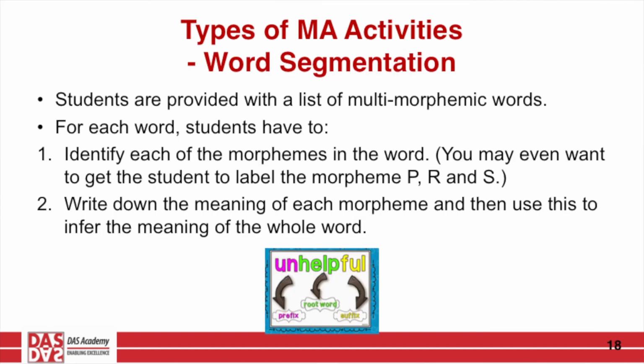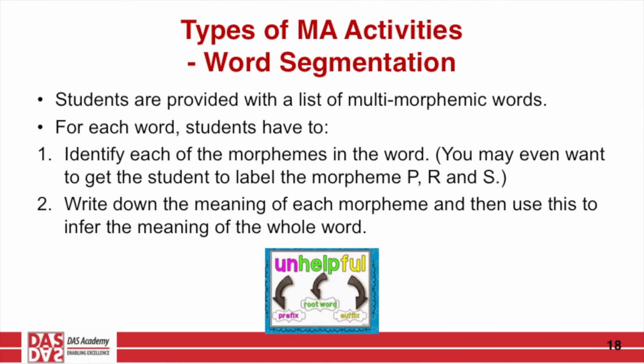This is another type of MA activity, and what are learners supposed to do? They are supposed to identify each of the morphemes in the list of words. And later on, they can use the steps that we had in the earlier sets of slides about how you can systematically derive the meanings of these unfamiliar words.